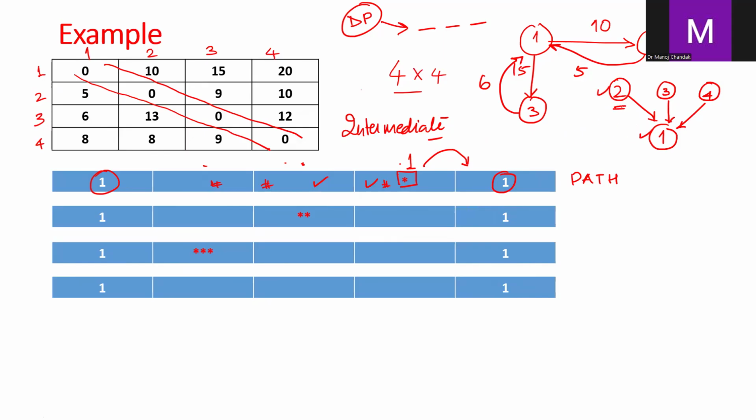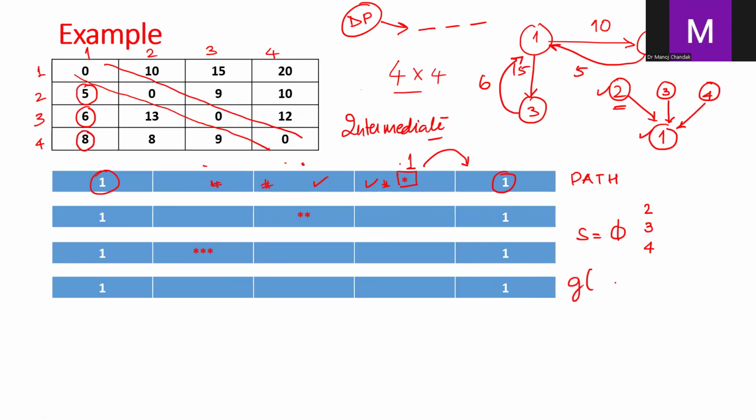So suppose I select 2, then I will have to take 2 to 1. Suppose I select 3, then I'll have to take 3 to 1. And suppose I select 4, then I'll have to take 4 to 1. So my set S will not have anything if I use 2 as the intermediate, or if I use 3 as intermediate, or if I use 4 as intermediate.